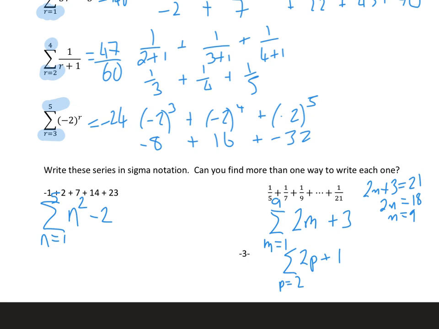So that's the first 3 terms of my sequence. And what would p be to get the last term? So 2p add 1 is 21. I can take away 1 from both sides. I can divide both sides by 2, so I get 10. Yep, so you can see that if I change my mth term, my limit's changed. So there's more than one way of writing a series.